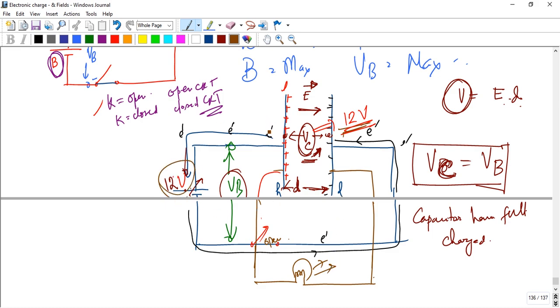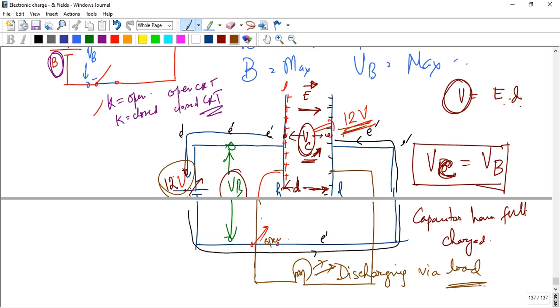After charging, the capacitor behaves as a source and now supplies power to the load, and the bulb glows. This is called discharging, capacitor discharging via a load. That's the concept of how a capacitor charges.